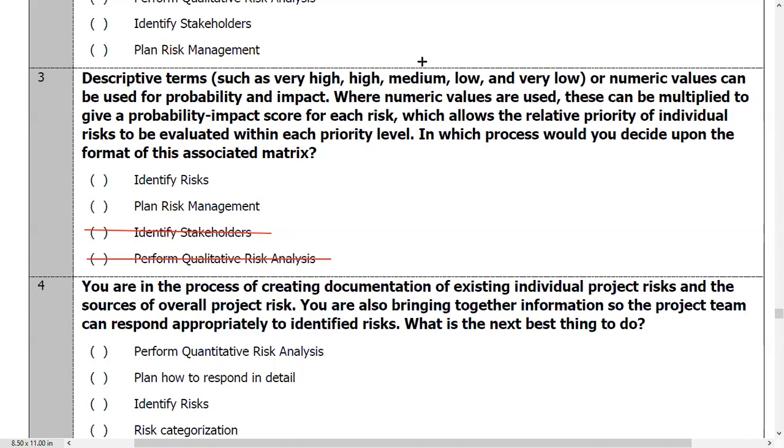Opportunities and threats are represented in a common probability and impact matrix using positive definitions of impact for opportunities and negative impact definitions for threats. Descriptive terms such as very high, high, medium, low, and very low, or numeric values can be used.